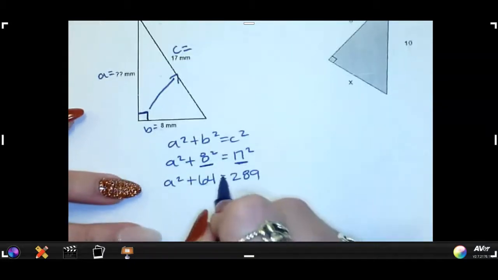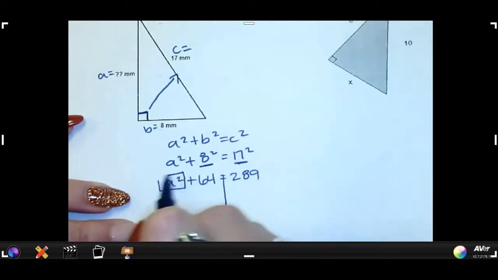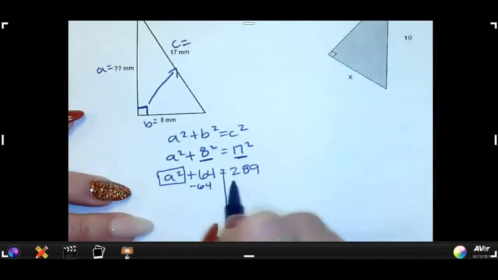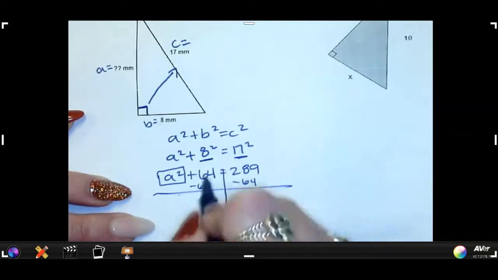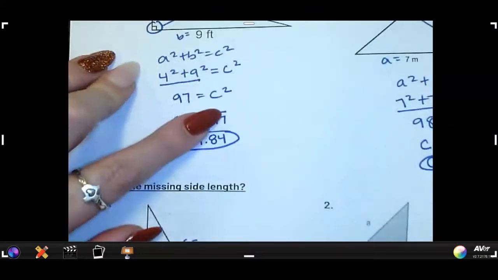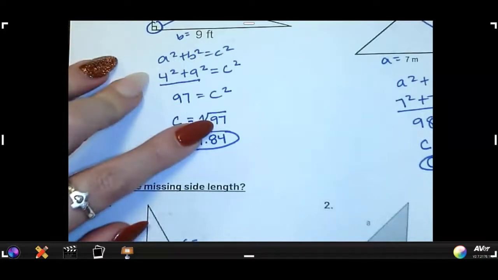Okay, now, we just got done solving equations. Okay, if I need A squared to be by itself, I have to do the opposite of plus 64. So I'm going to subtract 64 on both sides. That leaves me with A squared and 225. Okay, and just like we were doing up here, if C squared was 97, to get C, we had to do the square root.